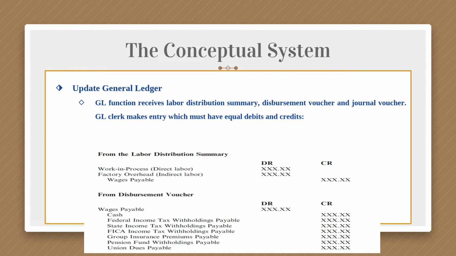So the general ledger clerk makes entries which must have equal debit and credit as follows. First we recognize the liabilities, and then we do the double entry for the disbursement of the account and payment to the employees.